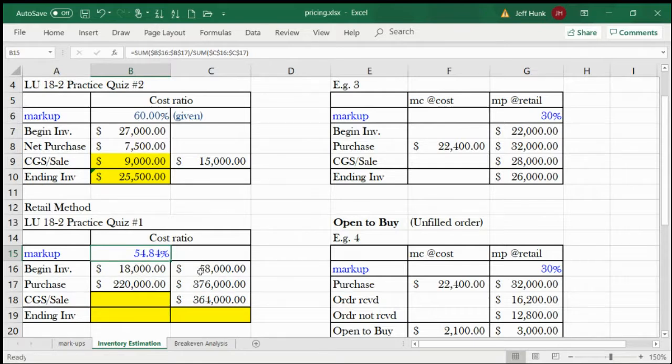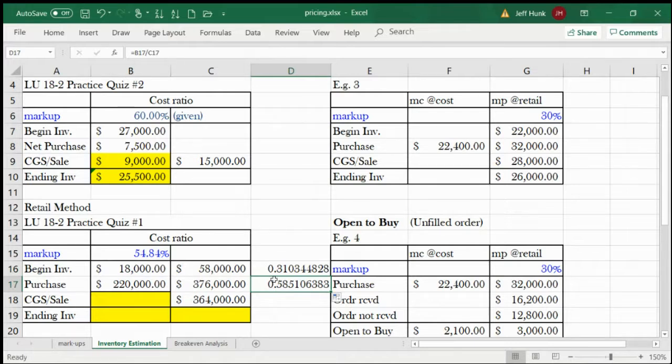This is only one row. It's only the beginning inventory. If you divide this by this, is that exactly the same? No, it's only 31%, right? What about this? If you do the same thing, it's 58%.